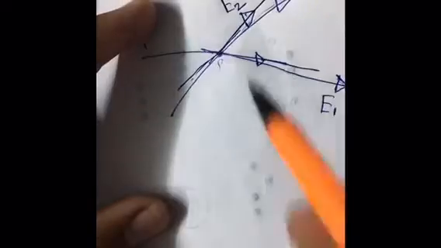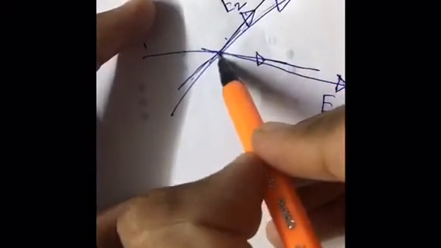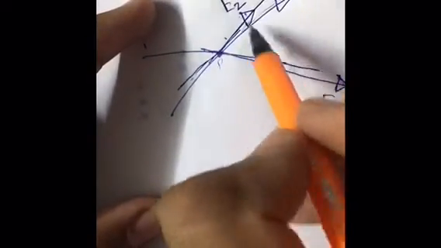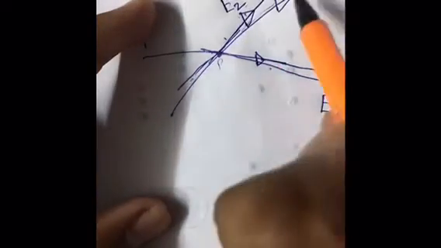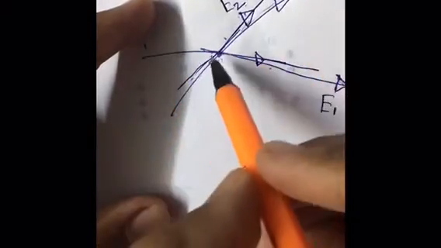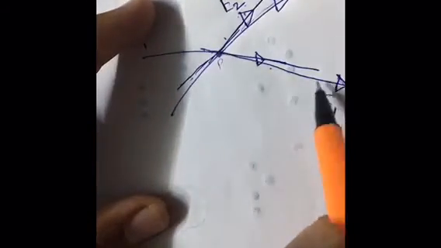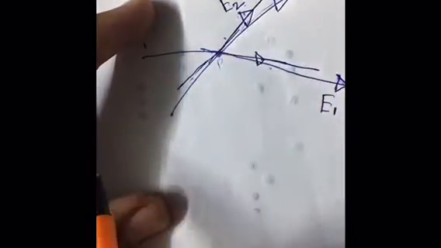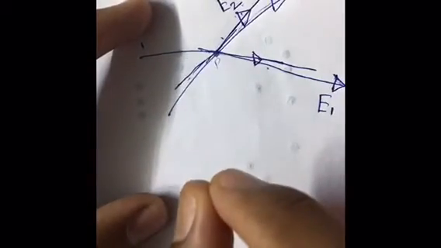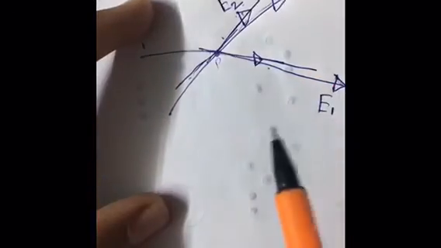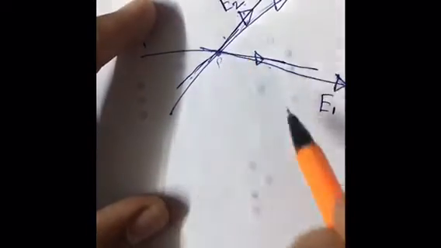This is the direction of electric field due to line 2. So if they intersect at a point, there will be two directions of electric field at that point, and this is not possible because at any point the direction of electric field is unique, not in two directions. Okay, this is the fourth property.